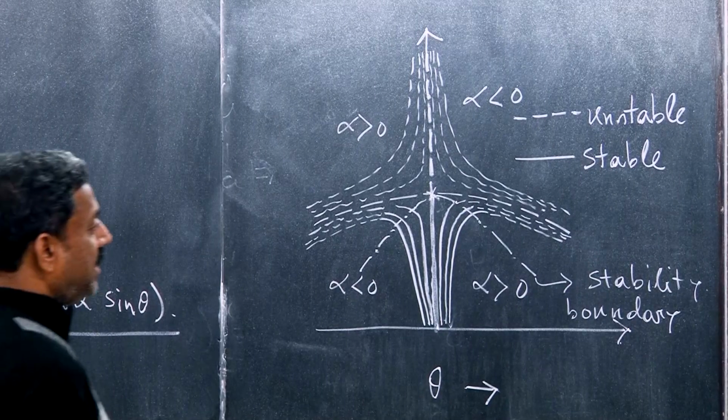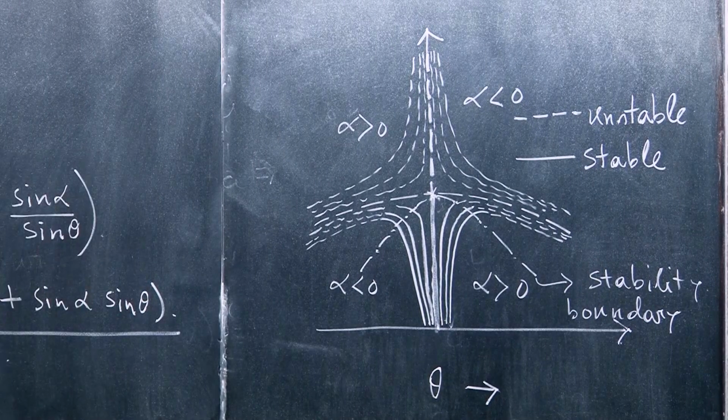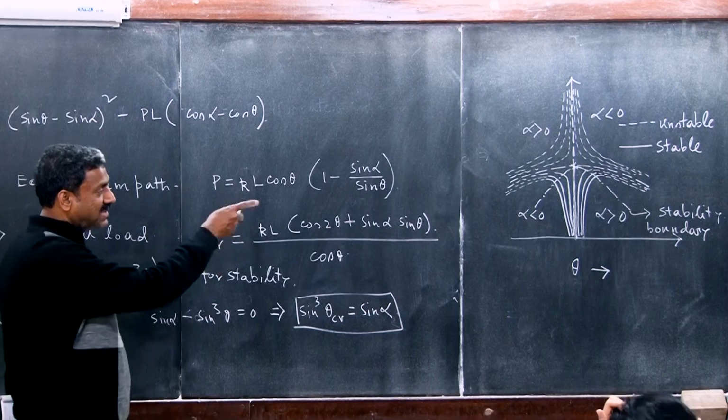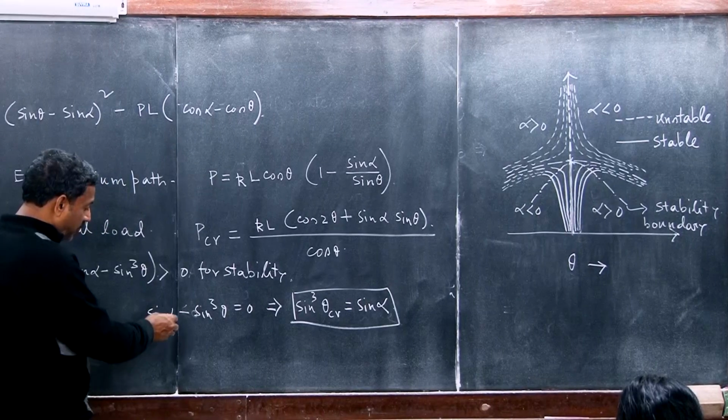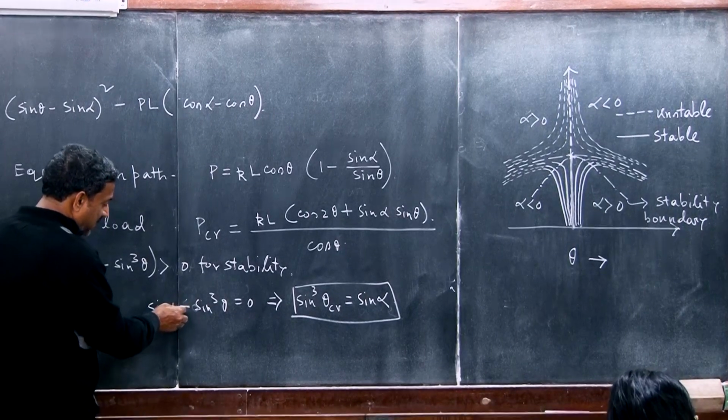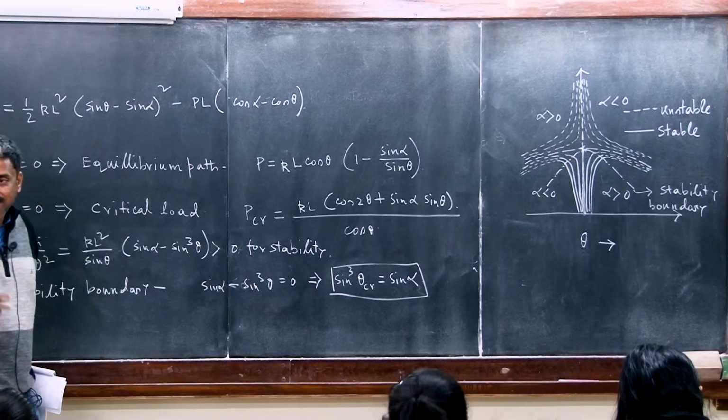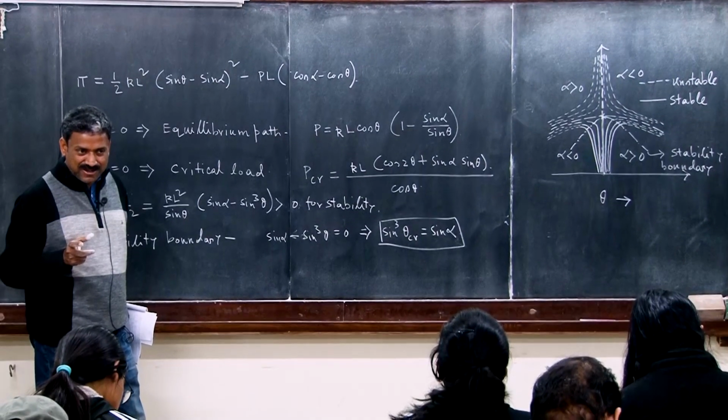So, you all know by now why this is shifting, because this needs to be positive, right. So, you can understand that for different values of alpha, the stability boundary will change, right.